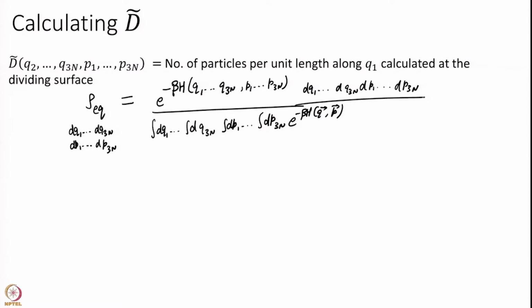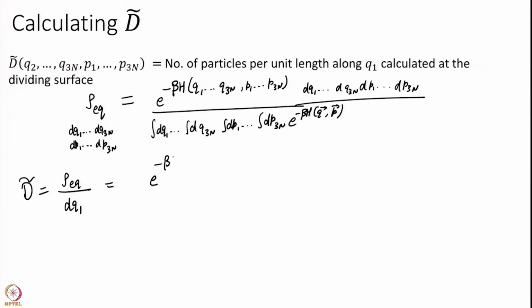So the number of particles per unit length along Q1 is nothing but rho EQ over dQ1. So this is what d tilde really is. So I am looking at the direction of Q1 and finding the number of particles per unit length. So I have to divide by dQ1.